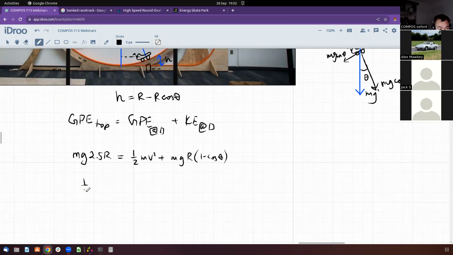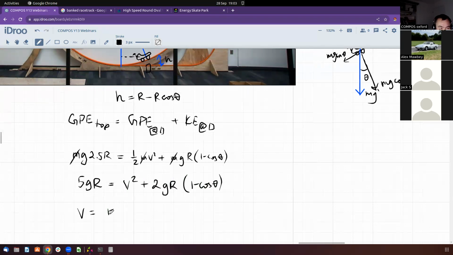The m cancels. I multiplied by 2 as well, just to make my life easier. So I have 5 gr equal to v squared plus 2 gr (1 minus cos theta).